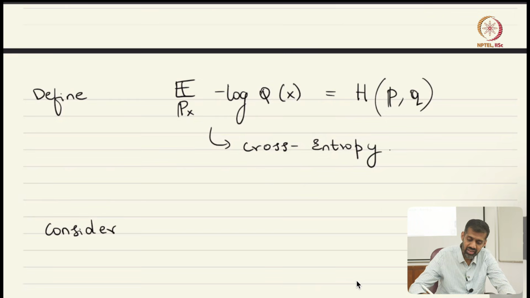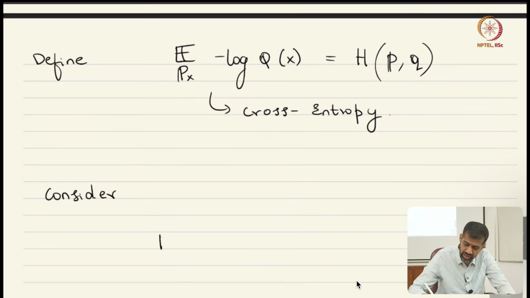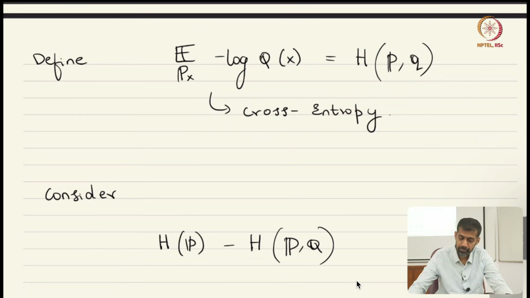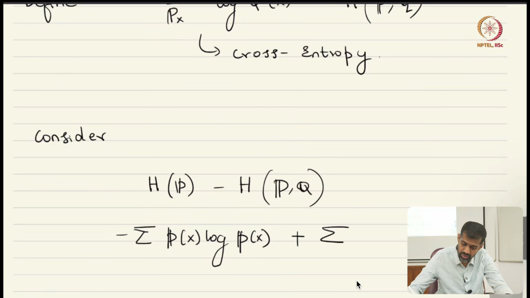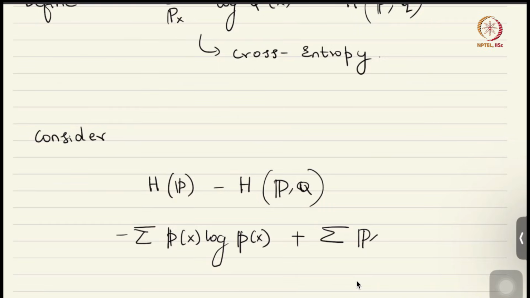Consider, take the entropy of P and subtract from it the cross entropy between P and Q. This will be, let me just get the math right, minus Px log Px plus Px log Qx.